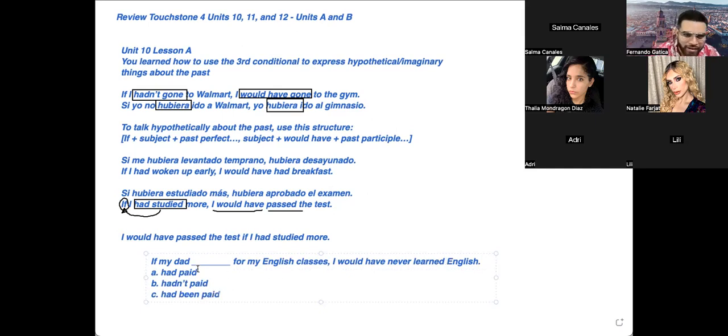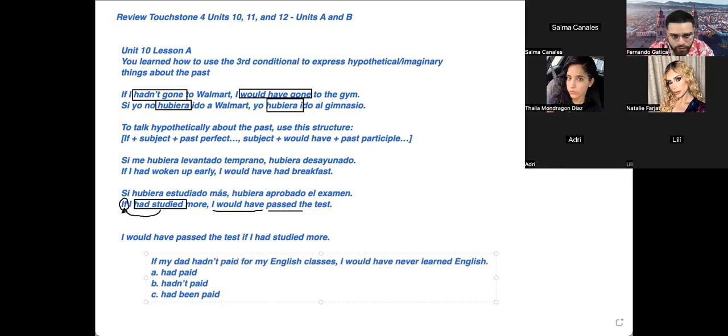Si mi papá, la... para mis clases de inglés, nunca hubiera aprendido inglés. A, B, or C? What is the correct answer? Take your time. Let me know. B? B. Hadn't. B? Okay, very good. Hadn't.